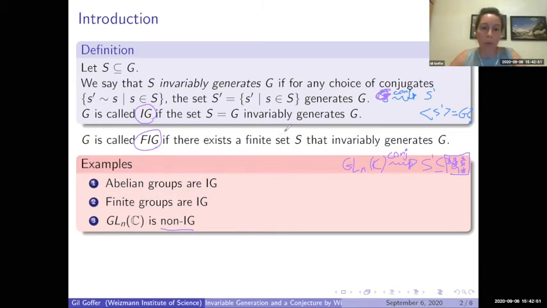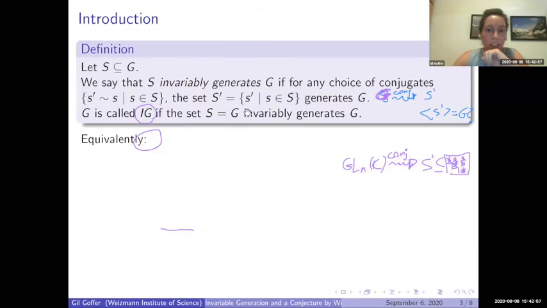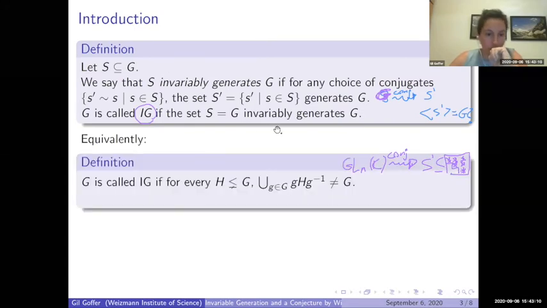So it's a proper subgroup that all elements can be conjugated into. That's exactly the second definition. The equivalent definition says that a group is IG if and only if it does not have such a proper subgroup.